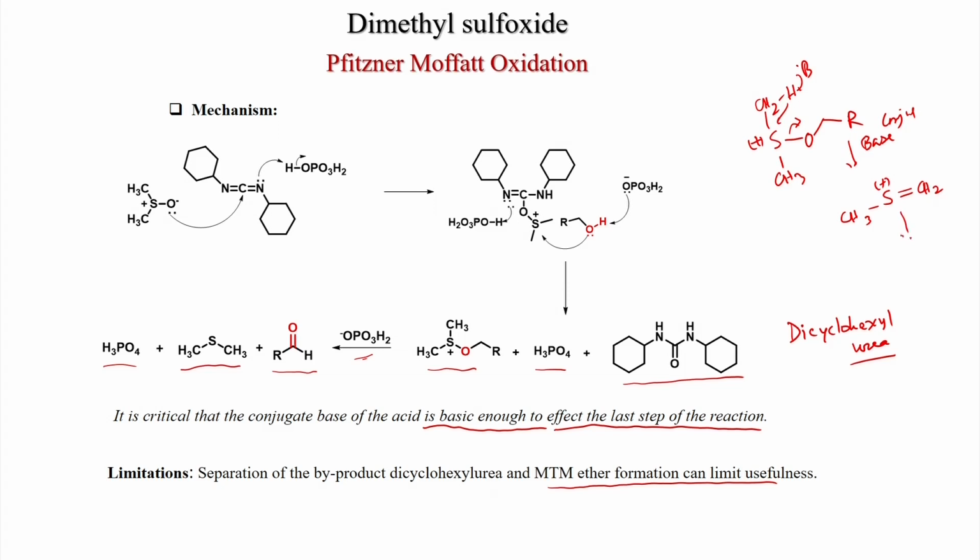And then your alcohol can react here. So, this is a side product. That is why this is the MTM ether formation. So, this is a side product of this reaction, because under acidic condition the conjugate base can generate this sulfonium cation, where then the alcohol can react to give this ether.